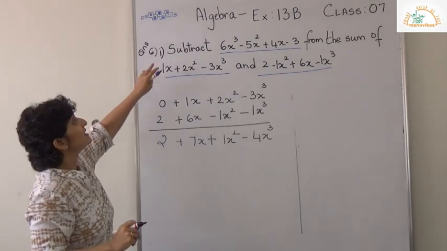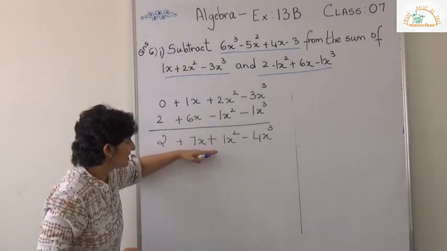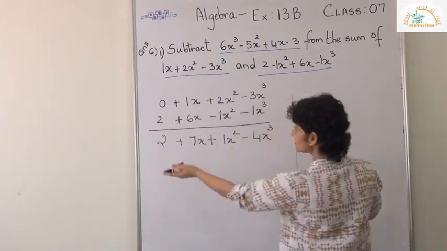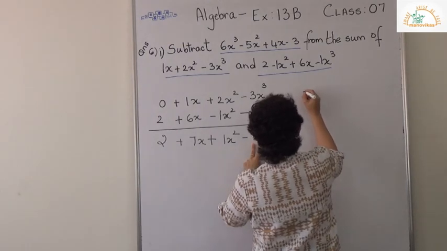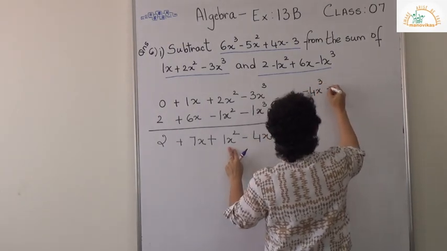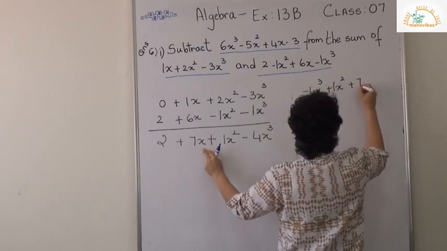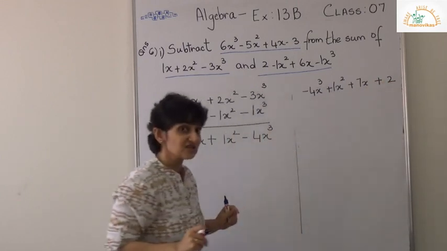Now what do I have to do? Subtract that expression from this. So this number goes on top. So what do I get? Let's rewrite this, children. Now 3, 2, 1 and here. So I get it as minus 4x cubed plus 1x squared plus 7x plus 2. I'll give you some time.